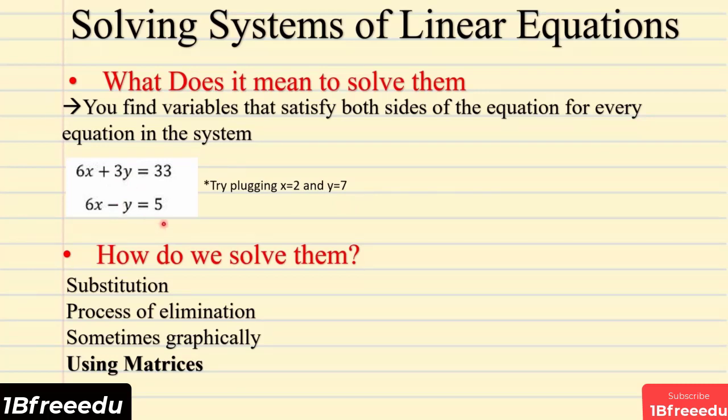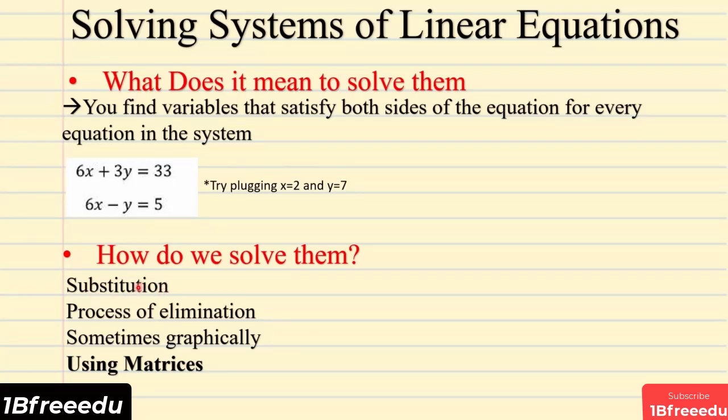But this can be a very tedious process, because imagine you have an equation with more unknowns, then you would have to essentially try endlessly and hope to find an answer. That's why we have developed certain methods that allow us to solve these equations.